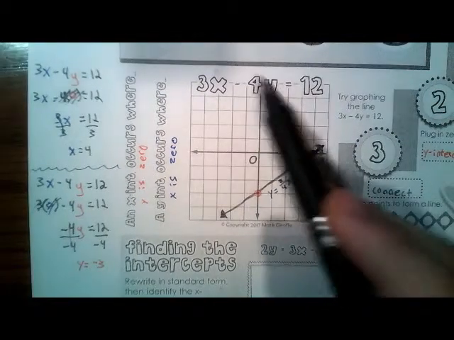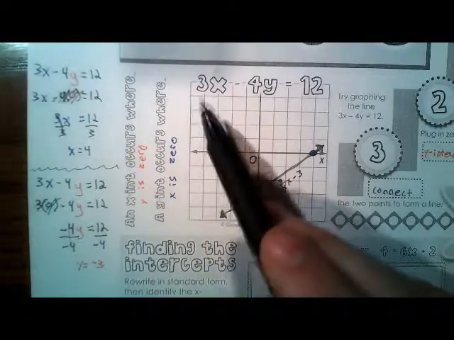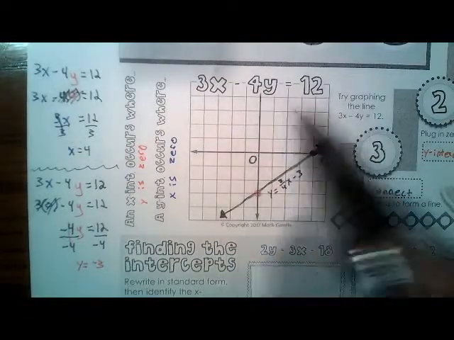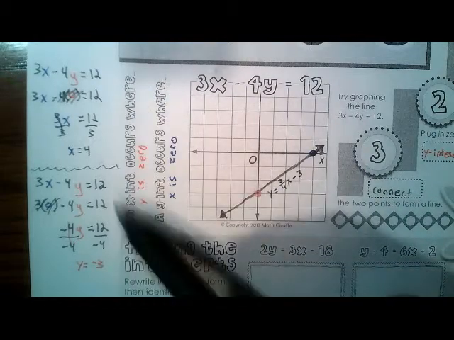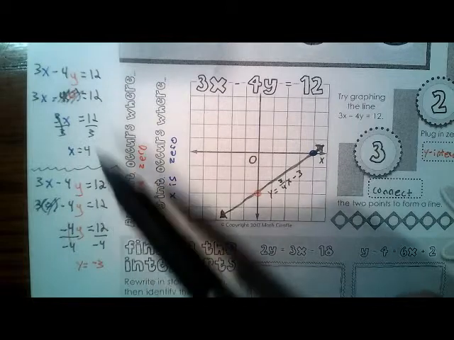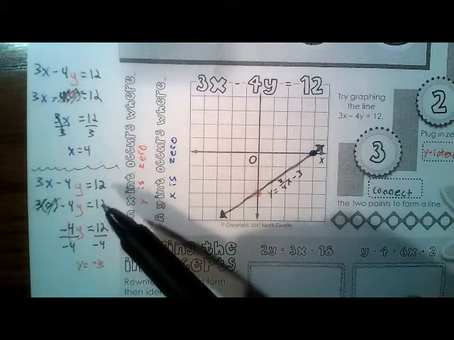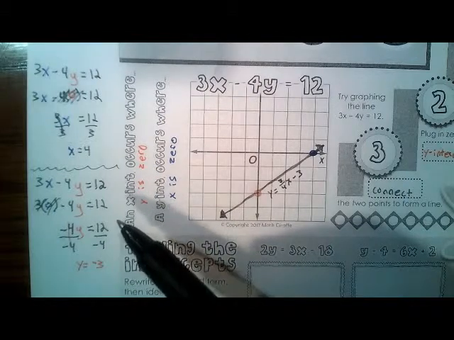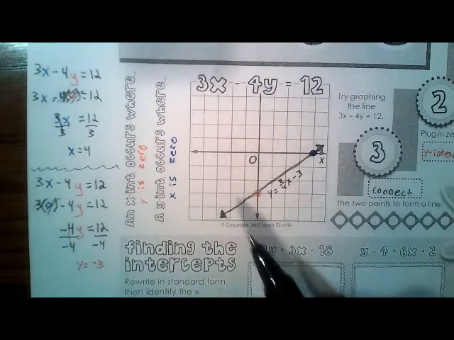But we don't have to go through the algebra process of subtracting 3x from both sides and dividing by 4. We can go through this step here. And this is going to be really beneficial if you have a slope like 27/12, or 37/4, something like that.